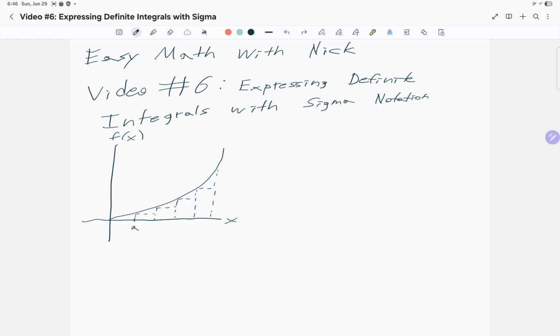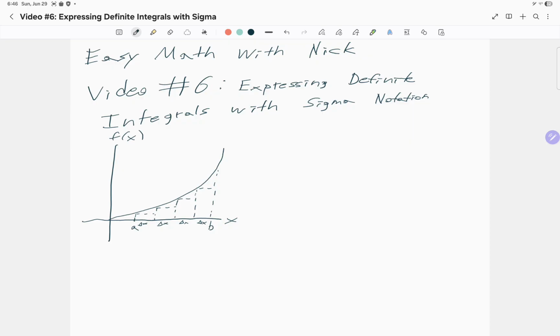Let's just call these delta x, delta x, delta x. I'm not going to give names to each of these values. I guess I could say a sub 0, a sub 1, a sub 2, whatever. A is just our starting point, all up until b, which is where we're going to finish.